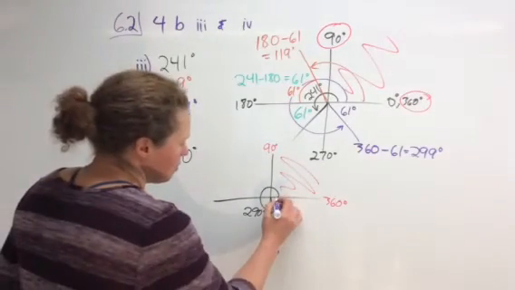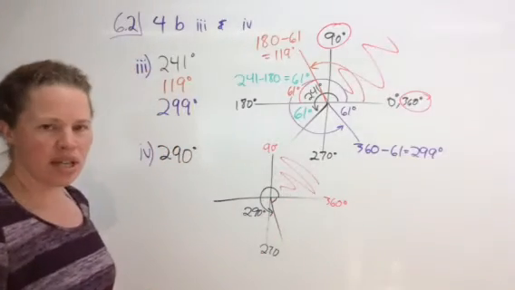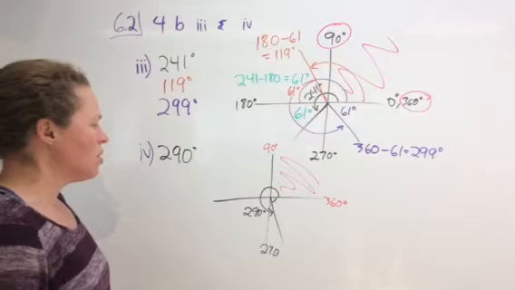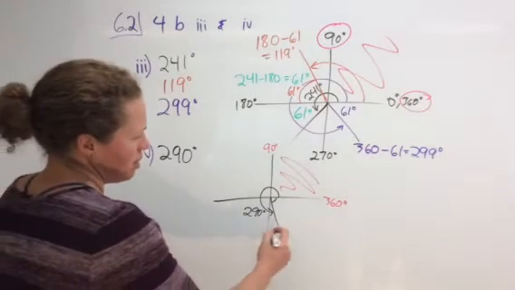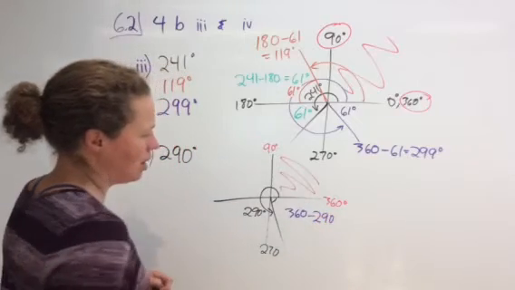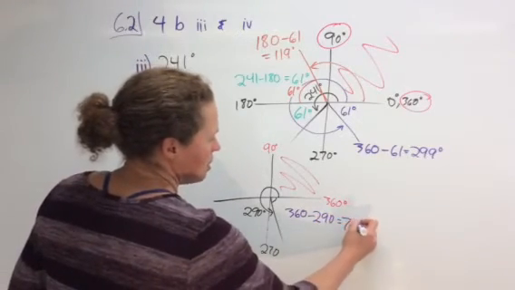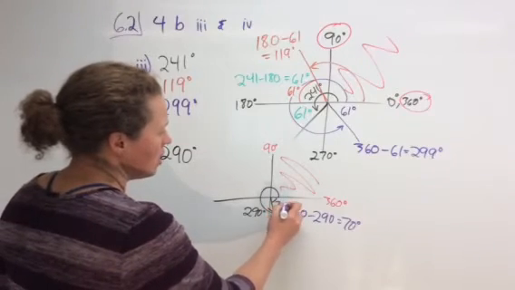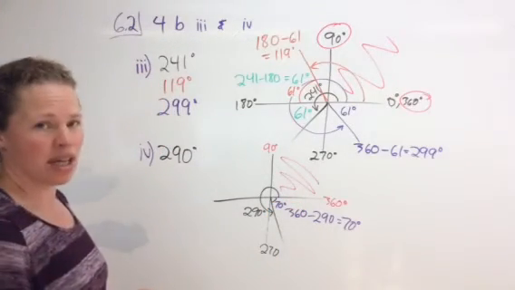You have to find this one. You always have to find the one that's from the x-axis to the line, never the y. So what we've got here is 360 minus 290. So that's going to give me a 70-degree angle. Makes sense. It looks like a pretty steep angle. So we've got a 70-degree angle. That would be my reference angle.